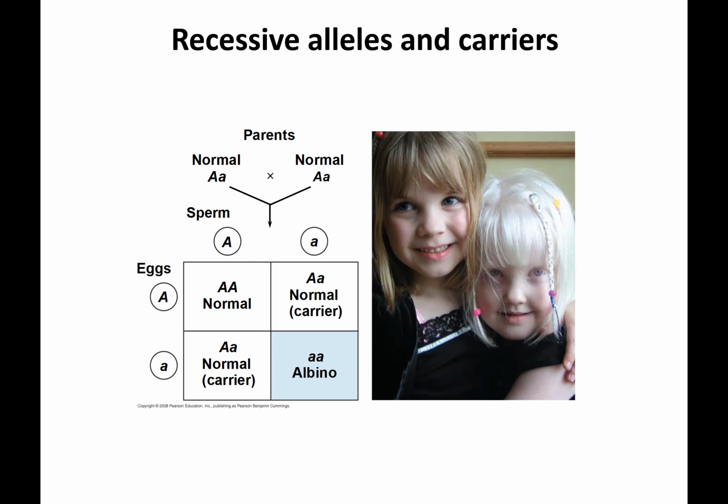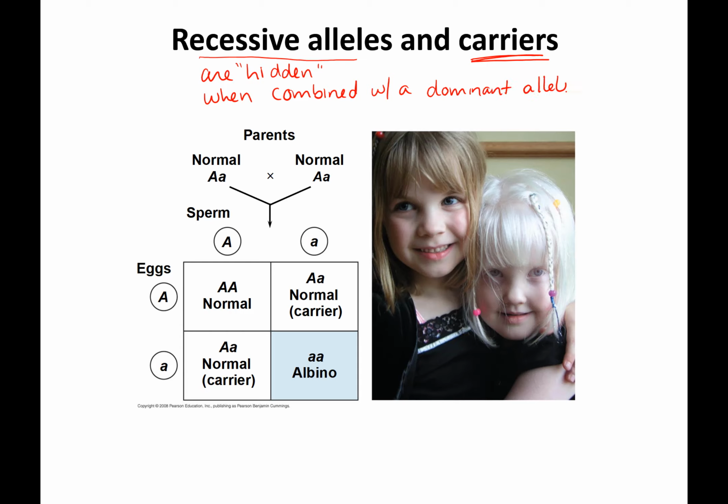One more term is the term carrier. So recessive alleles are hidden when combined with a dominant allele. So we can call people that are heterozygous carriers of the recessive allele. Right? So these two parents are carriers for the albino allele.